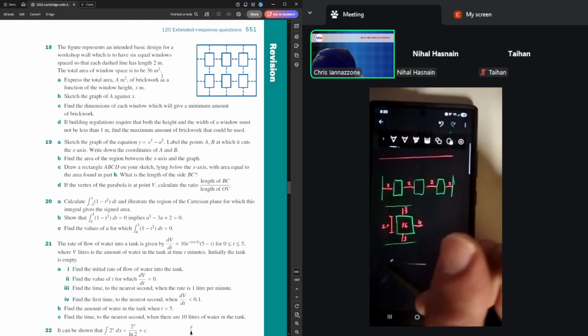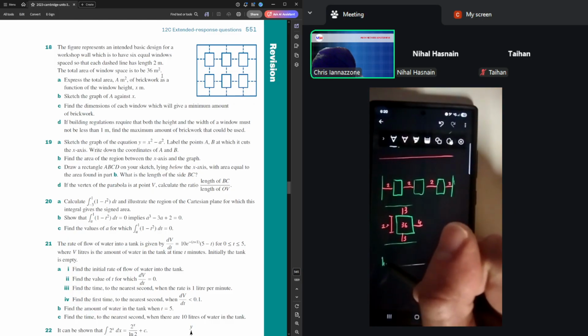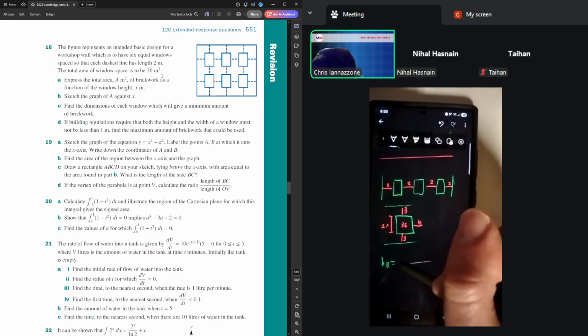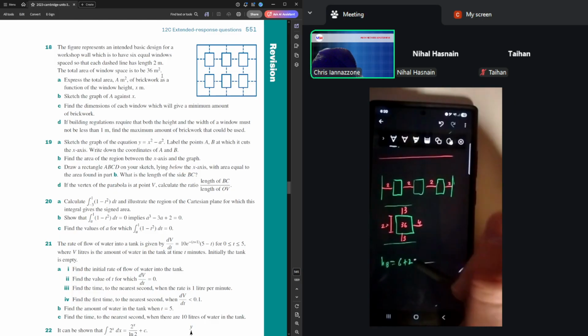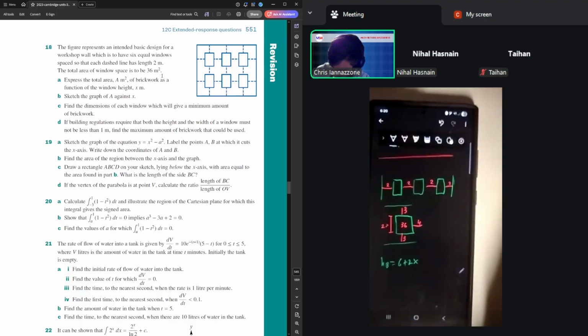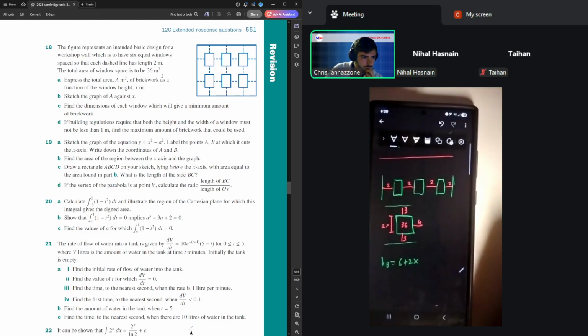So the height of brick is now 6 plus 2x. It's looking alright. We got some initial values in there, we got our x in there.